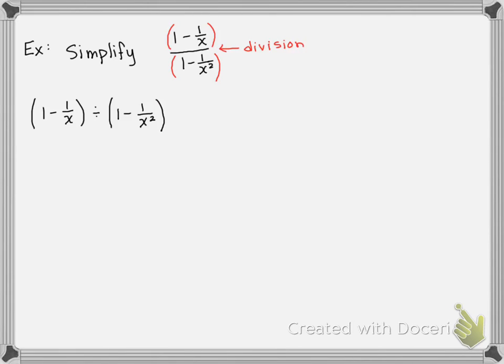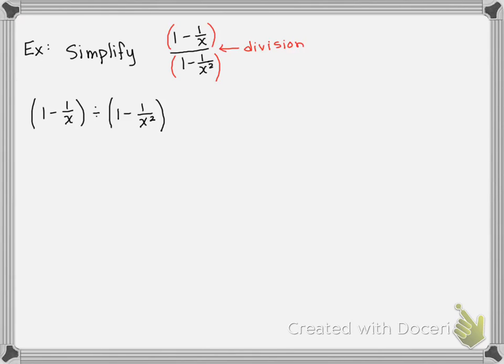So I'll just start with that subtraction problem on the left. I need to get common denominators. One of the most useful things to know about fractions is that any fraction that's the same on the top and the bottom is equal to 1. So if you see the number 1 and you want to write it as a fraction with a certain denominator, you just put that denominator over itself.